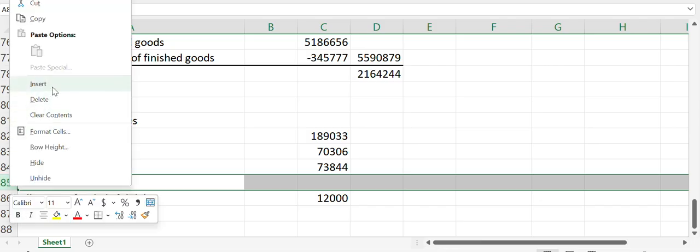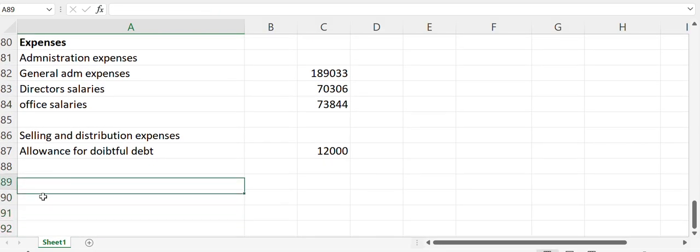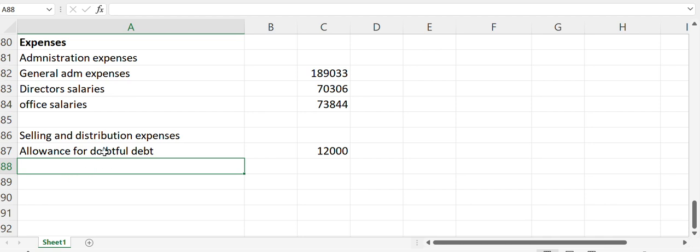Okay, so we continue. Let me show you. So here we are going to have selling and distribution expenses. So under selling and distribution, we have also advertising.